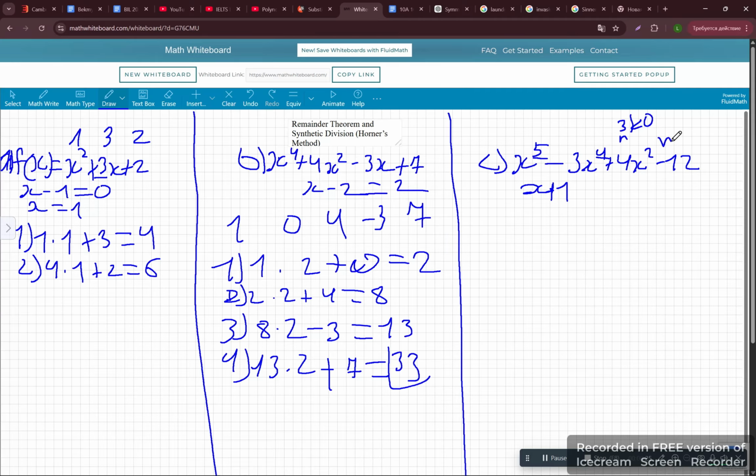There is also no first degree, so there is also 0, and 12. Then 1, minus 3, 0, 4, 0, minus 12.